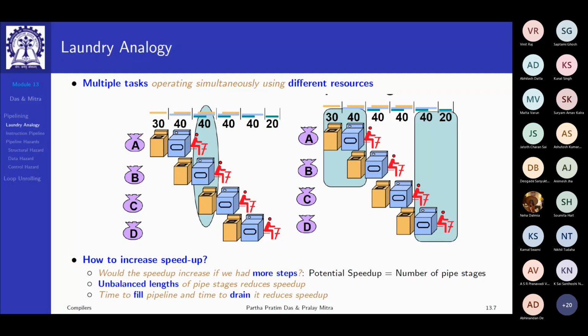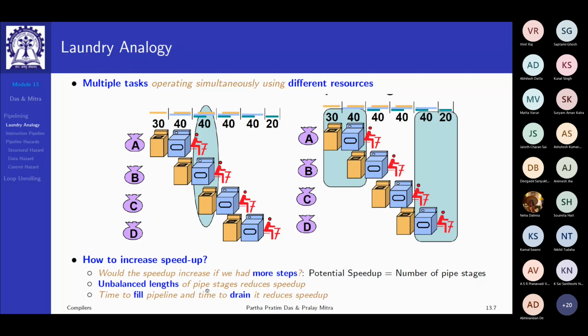But in general, the more steps we can have, the more overlap of tasks by different resources will be possible. So naturally, the throughput would be better. The potential speedup that we can get is actually the number of pipe stages. Obviously, we cannot get a speedup more than that, because the number of pipe stages tells us the maximum that can be done in parallel at a time.